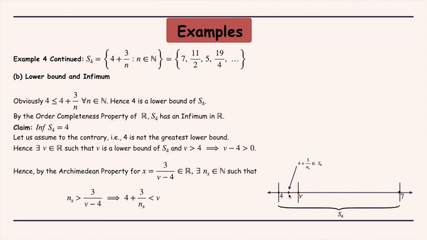So what have we seen here? We were claiming v to be a lower bound and we have found a number which is smaller than v which still lies in the set S4. That's a contradiction, and hence we can be sure that the infimum of S4 has to be 4. It cannot be anything bigger than 4 and therefore it has to be 4.